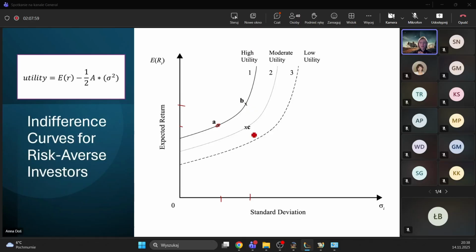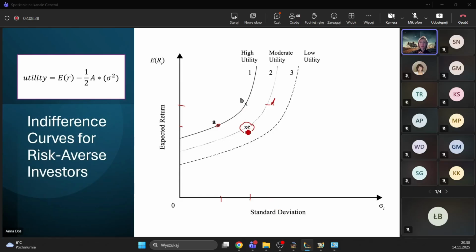But if there is investment C here, this is an investment which gives a lower return than investment B with a higher risk, and obviously an investor would prefer investment B over investment C. If we have investment D here, investment D also will give lower utility than investment B, because it can yield the same expected rate of return, however, at a higher risk.